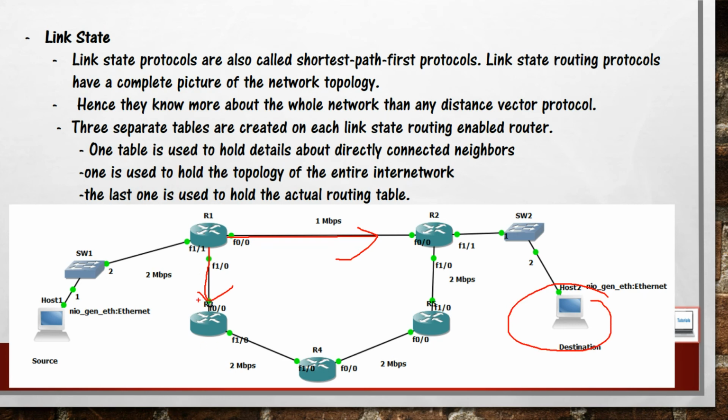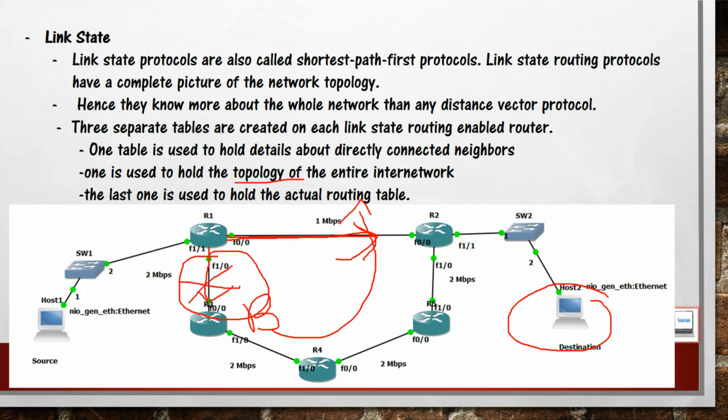Though it has two paths, it will keep only the best path in the routing table, and the other path it will keep in the topology table. That is, to maintain a complete picture of this network, it will keep both routes in its topology table, but it will choose the best path among them, that is this path B, and keep it in its routing table.